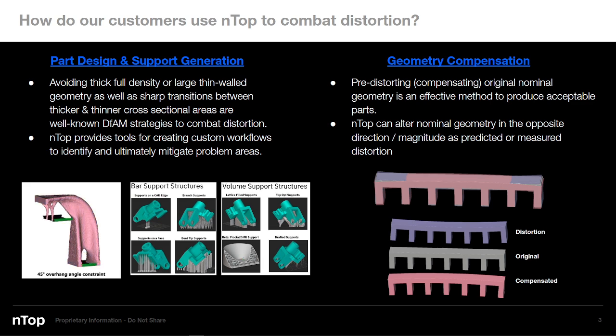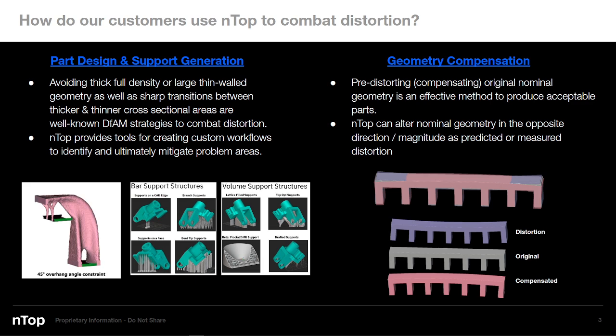What I really want to focus on today in this video is geometry compensation. Another method of dealing with distortion is what is called geometry compensation. And what that is, essentially, is pre-distorting the original nominal geometry to have it distort into compliance when the print occurs.